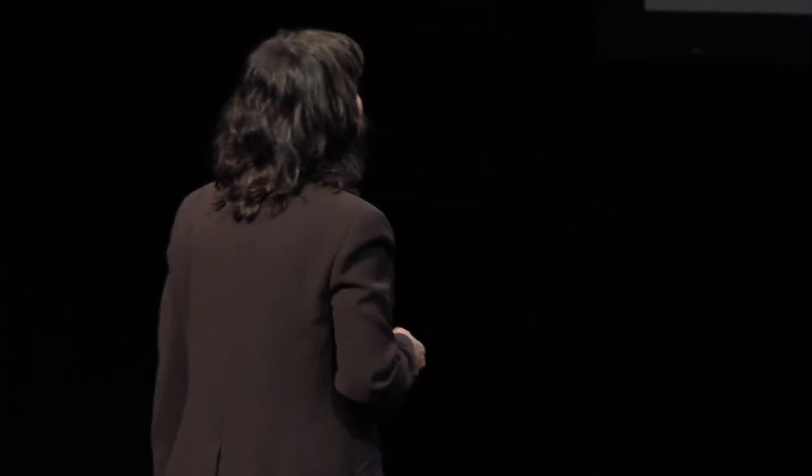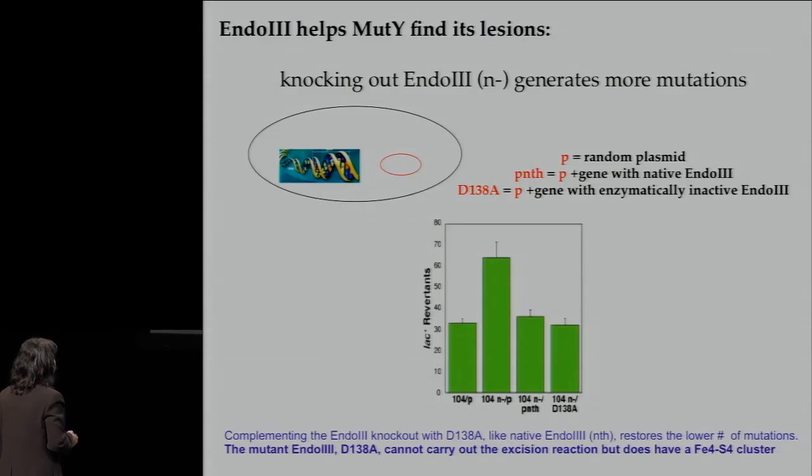They're coordinating their search. They're searching together. So if I knock out genetically, eliminate endo-3, I should see an effect on how efficiently mut-Y conducts its search. And in fact, that's what we were able to see.